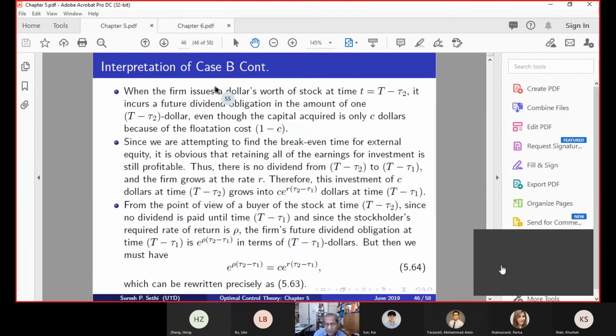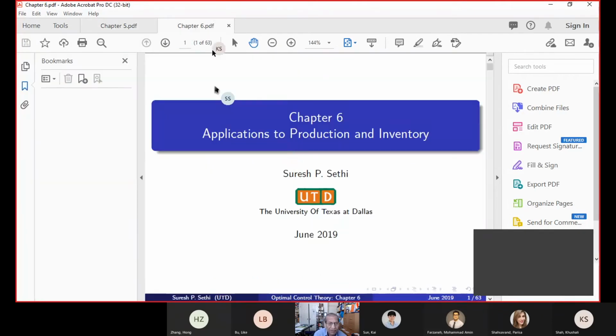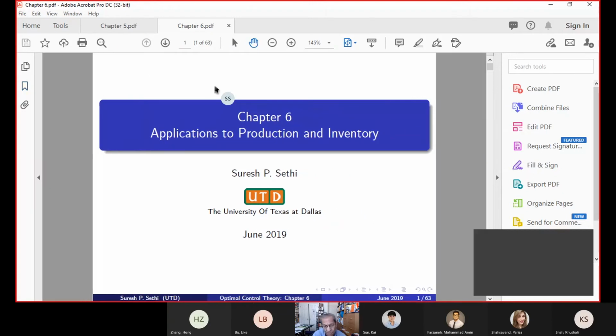In chapter 6, we are going to develop a concept of what is called forecast horizon. Forecast horizon is the idea that I have a forecast from, let's say, here to maybe 5 years, and I have to decide what I should do in the first month or the first period.